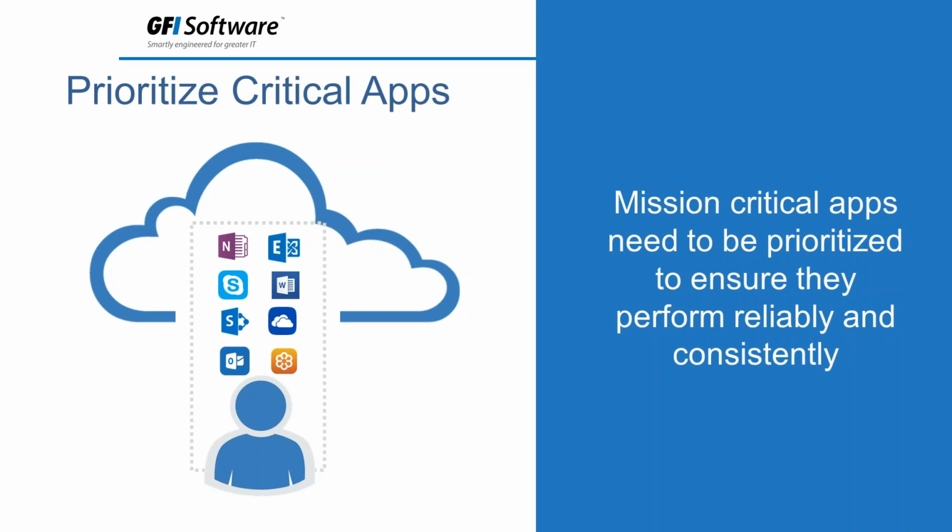So if you see them and you can classify them, you can begin to control them. You could control that entire group, or you could control them individually. It's all about identifying the need to prioritize these critical applications. And by doing so, you can identify those mission critical apps, ensure that they're prioritized, and ensure that they perform reliably and consistently.